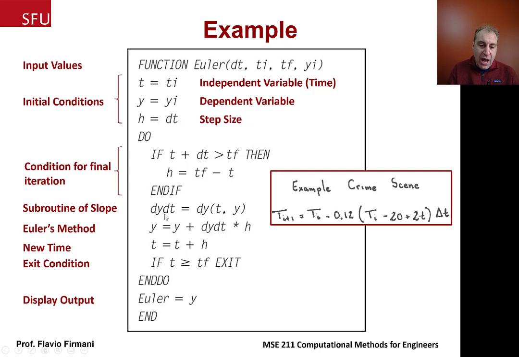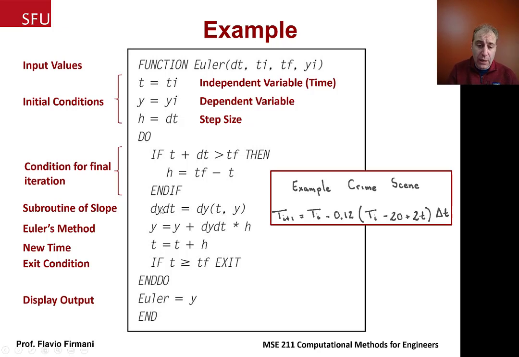And then we're going to have the subroutine of the slope, where we're going to establish the approximation that we're going to have for the slope. And in the case of the parachutist, this is the part where we're going to introduce the drag coefficient and the mass. So basically our representation of how we establish our differential equation.